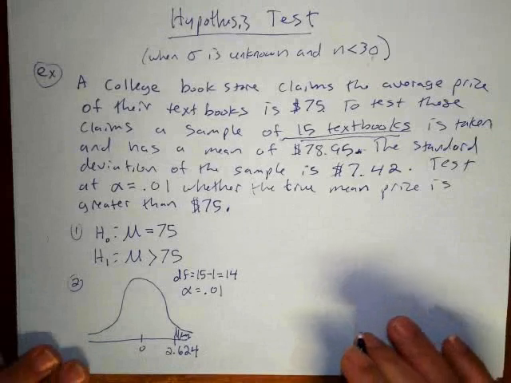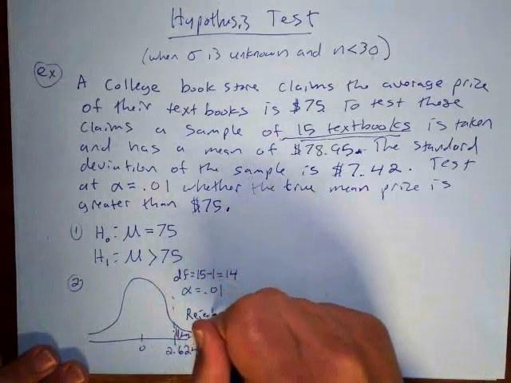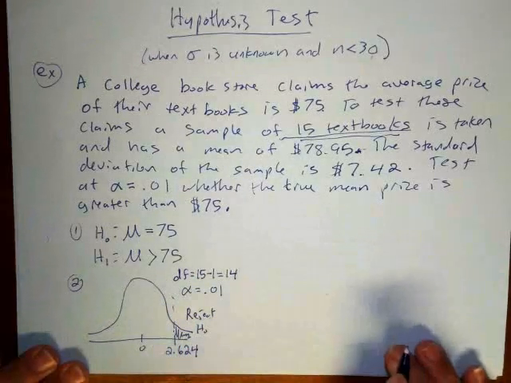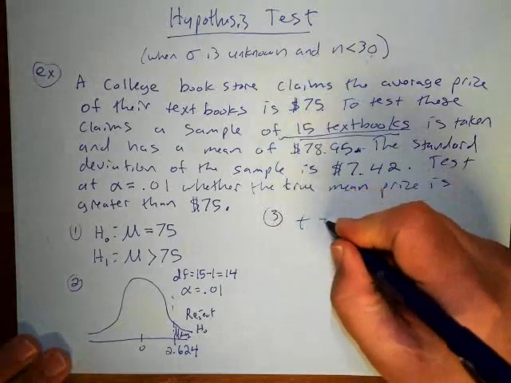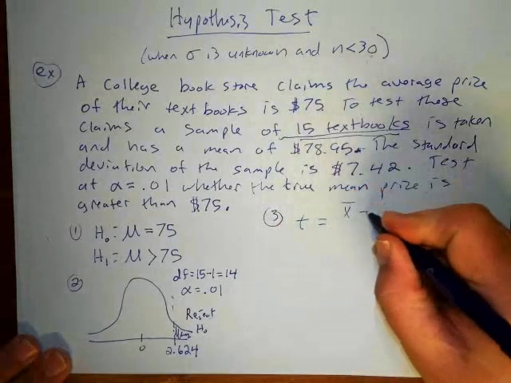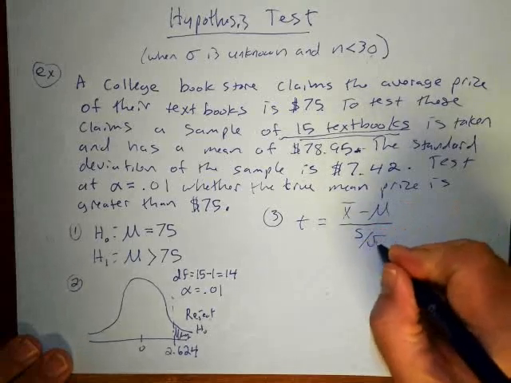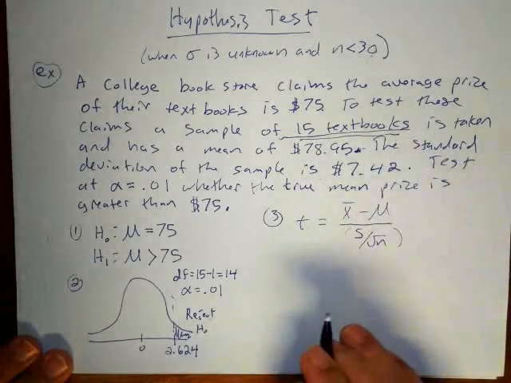Now over here is the reject H0 region. So calculate the test statistic. If it's greater than that, you reject H0. The test statistic is pretty much the same: x bar minus mu. The only difference here is that the theory is now based off of s, so you're not using s in place of sigma.